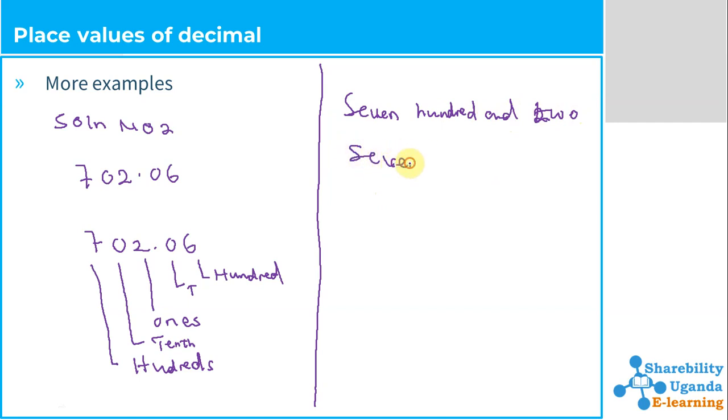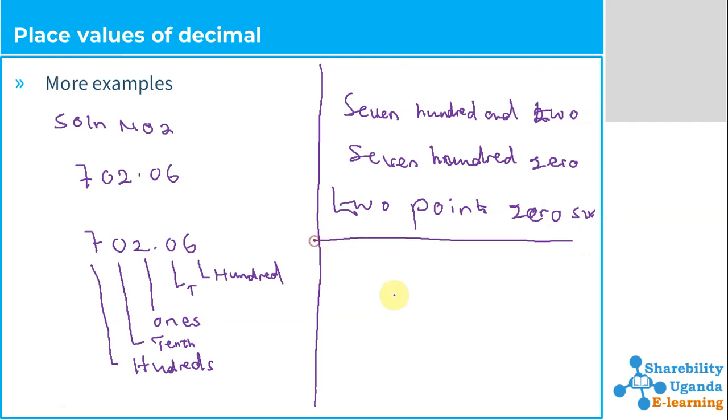Or 700 02. 0.02. Okay, point 0. This is 0.6. So that's how we can write this in our words.